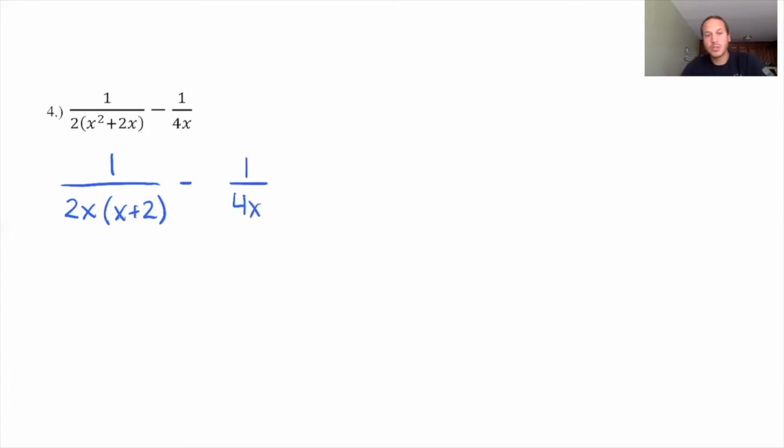And now that should help me see a little bit more as to what I need to multiply by. The left fraction is very simply just missing a factor of 2. Okay, so I'm going to multiply this one by 2 over 2. The right fraction has the x.